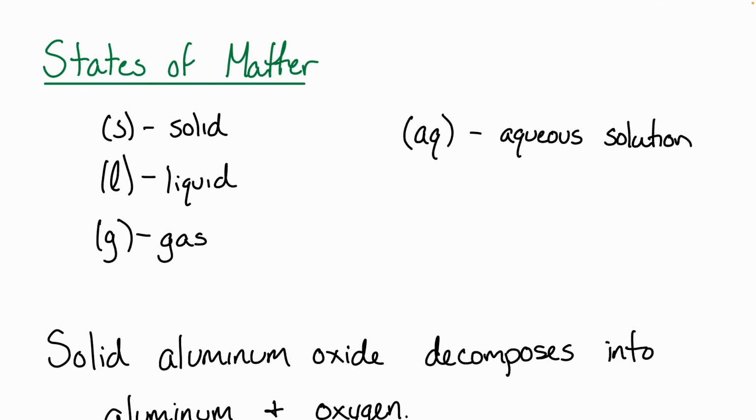Okay, so a solution, and we'll talk a lot about solutions next week, but a solution is what you get if you dissolve a compound in water. Really, you could dissolve it in any liquid, but if you're talking about an aqueous solution, you're specifically talking about dissolving that compound in water.